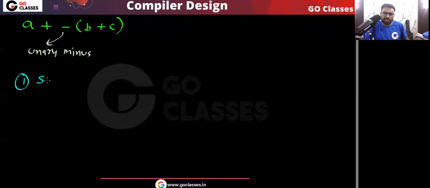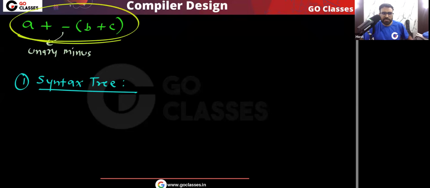The concept of syntax tree we study in parsing, the syntax analyzer phase, but this is basically very similar to the parse tree. And the parse tree concept we also study in the theory of computation subject, right? So let's make the syntax tree for this. Syntax tree is basically very simple.